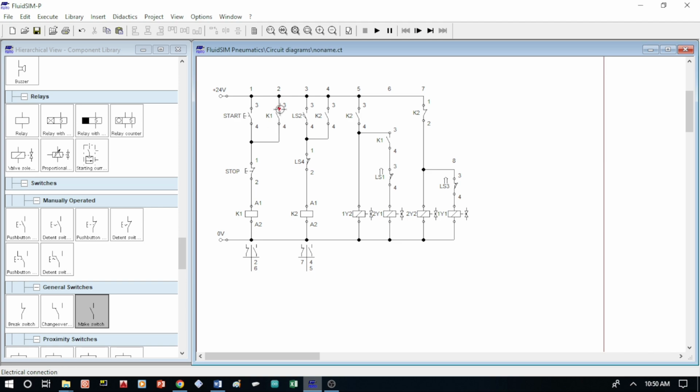Okay, let's take a look at the electrical components used in the circuit. The electrical part of the circuit is powered by a 24-volt DC supply, which provides energy for relays, solenoids, and sensors.